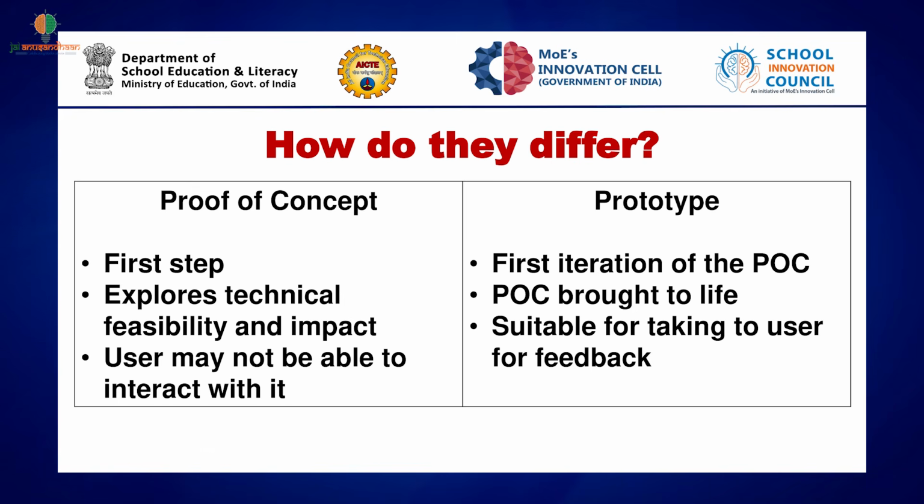However, a prototype is more like a first iteration of the PoC. It is like a PoC brought to life. The most important difference between the two is that a user may not be able to interact with the PoC. However, the main purpose of a prototype is that it is something which somebody can touch, feel, interact with, see, and explore in order to give us feedback. That is one of the major differences.